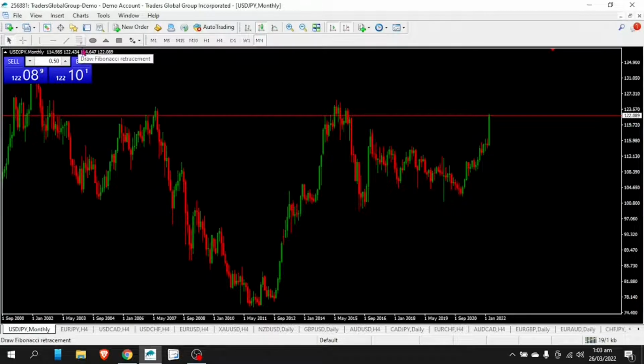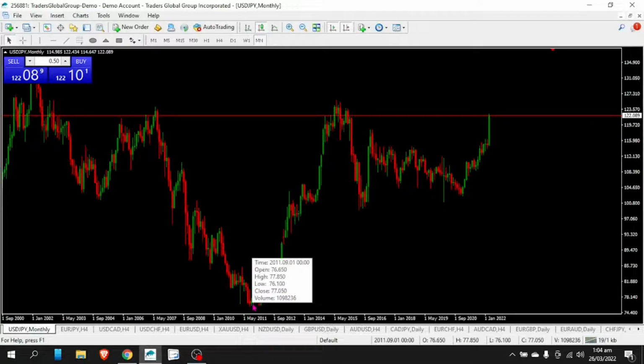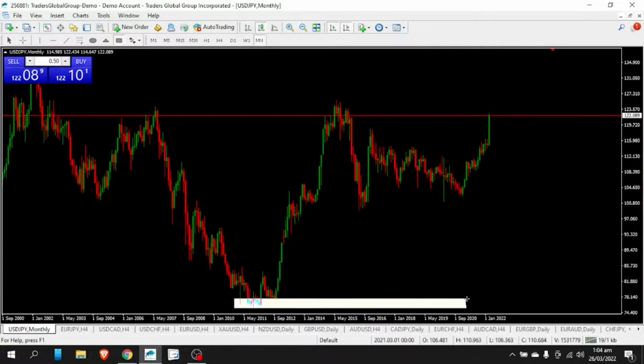Now, I already told you that the Fibonacci retracement tool is used to find potential reversal points. Okay, let's assume this hasn't formed. You discover that price has moved from this support level to this resistance level.